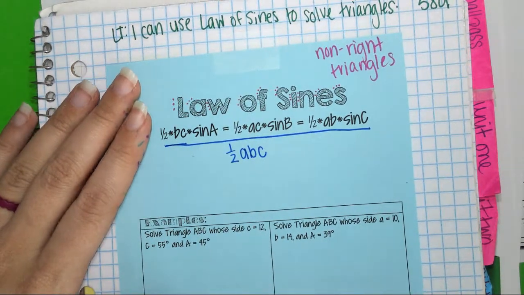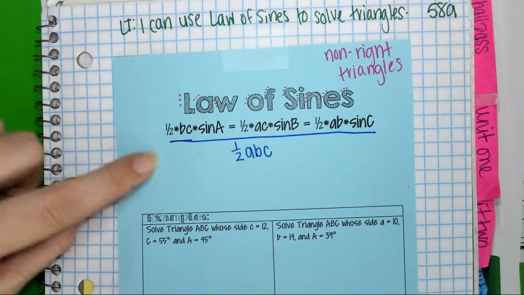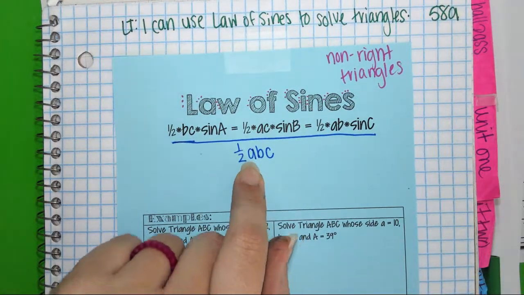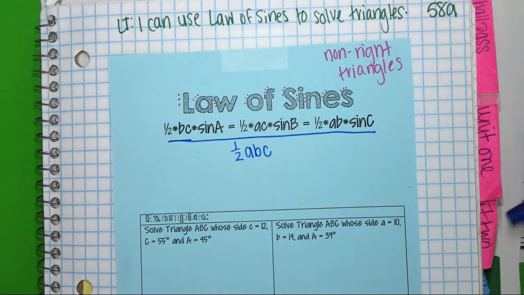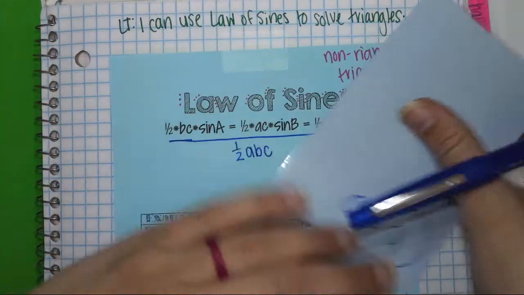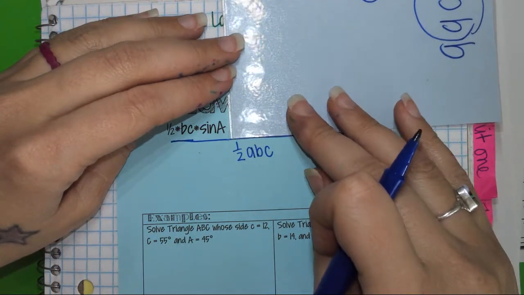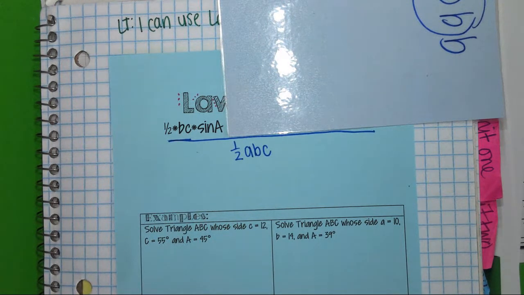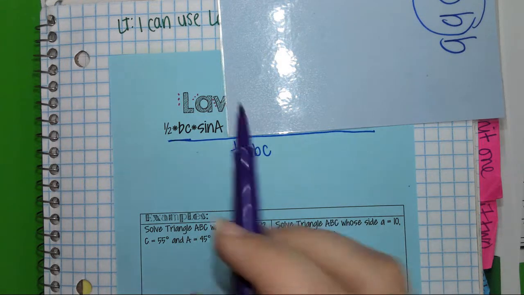Now the reason we're doing this is because we're going from our area of a triangle to our law of sines ratios. So we're factoring out what they have in common. To do that, we're going to divide each of our little equal signs by 1/2 ABC, and we're going to see what's left over. So what is 1/2 divided by 1/2? 1.